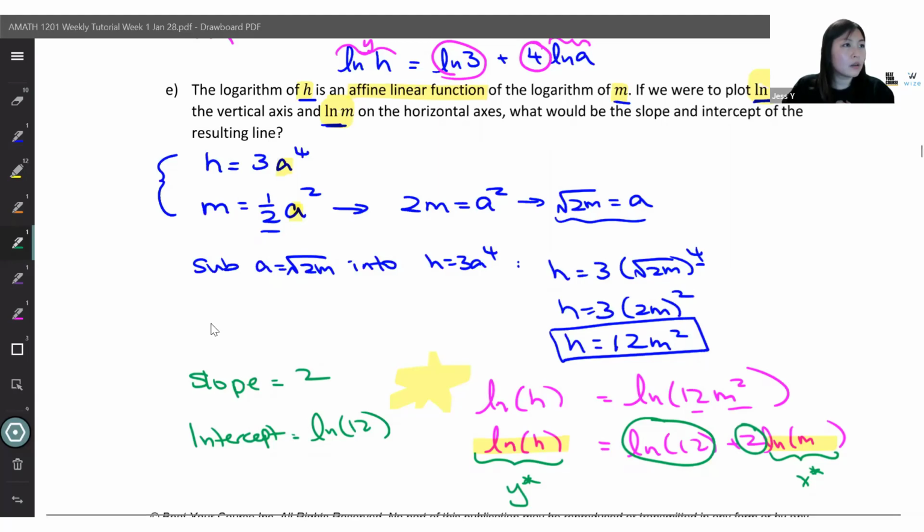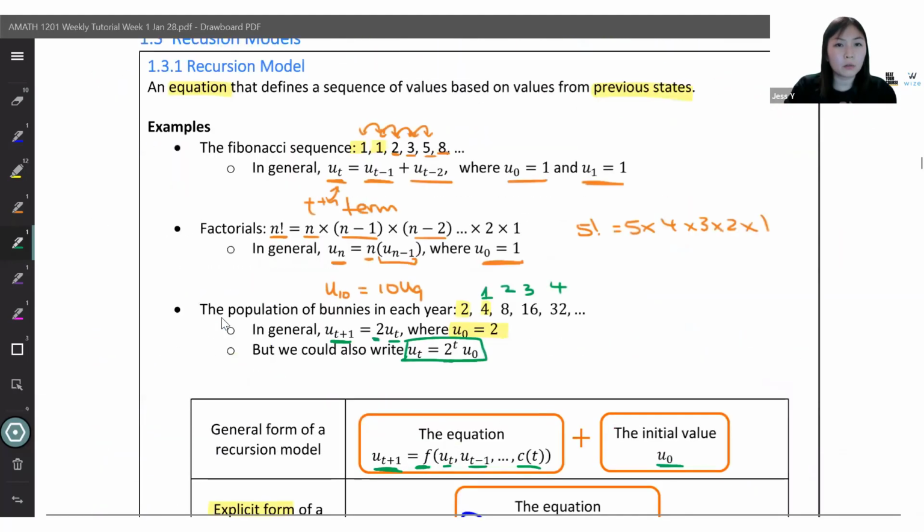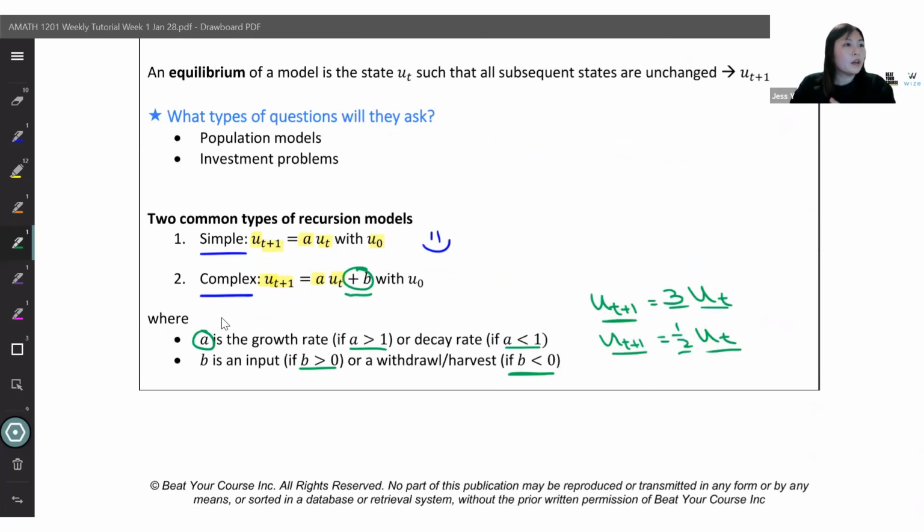For the simple and complex recursion models, do the A and B values always represent the same thing? Yes, but it depends on the context. For example, let's pretend B was negative, like negative 500. If I'm talking about money, about investment, negative 500 means that I'm either losing $500 or withdrawing $500 from my bank account.